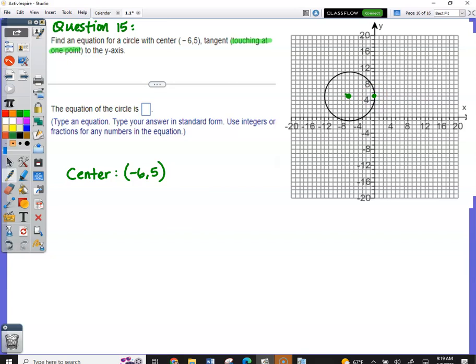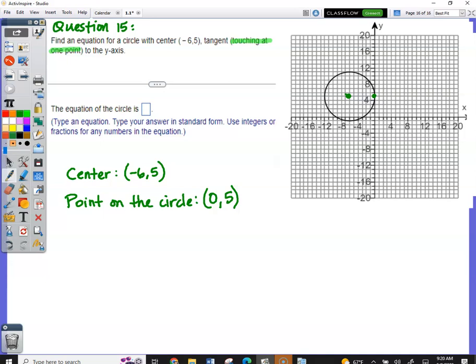So now you have 2 ways to finish this. Now you know a point on the circle. It's going to be 0, 5. But you also could just count the radius from the center to that point.